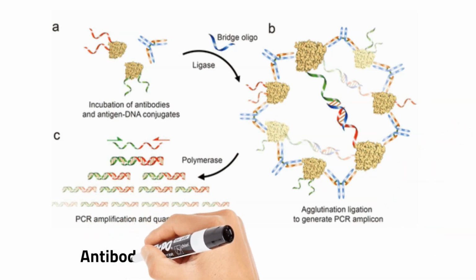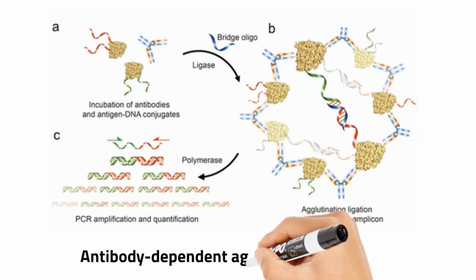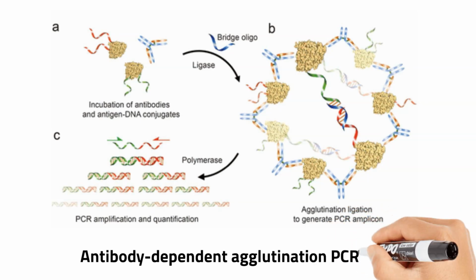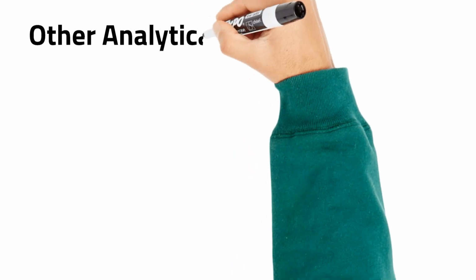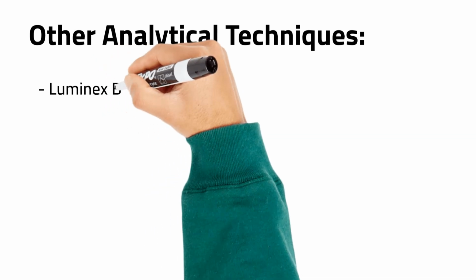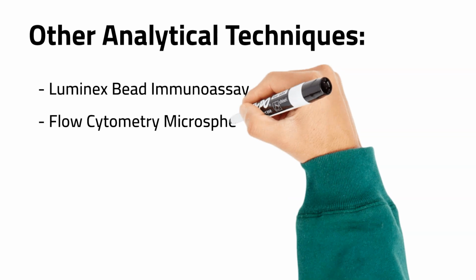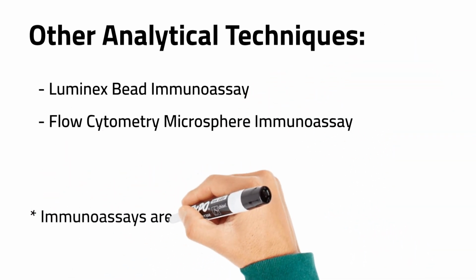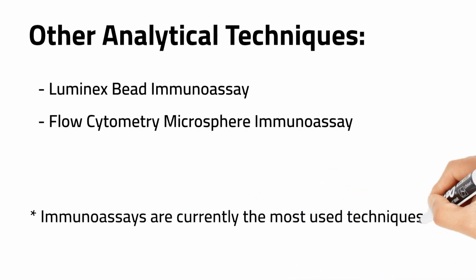New amplicons are generated when oligonucleotides and DNA ligase are added, which are then exponentially amplified with the specific primers and quantified by real-time quantitative PCR. Other analytical techniques, such as Luminex bead and flow cytometry microsphere immunoassays, are also being developed and used to quantify diabetes autoantibodies. These methods have multiplexing capabilities and can measure multiple analytes simultaneously. However, immunoassay techniques are currently the most used methods to measure diabetes autoantibodies in the clinical laboratories.